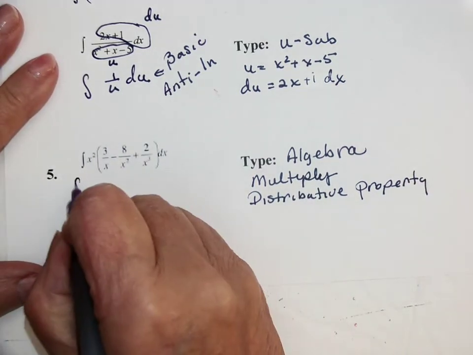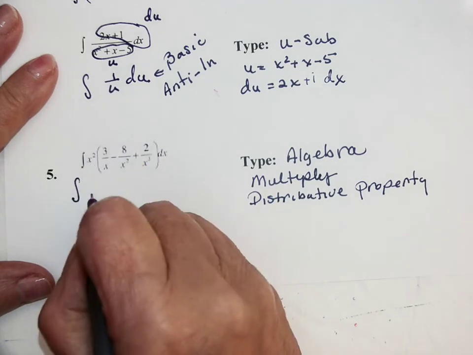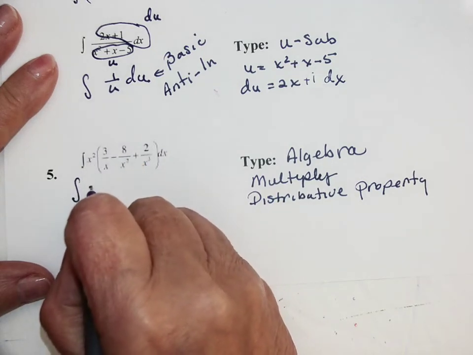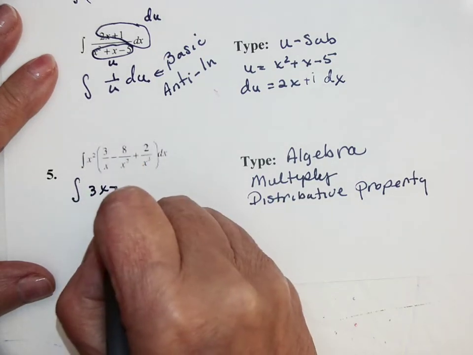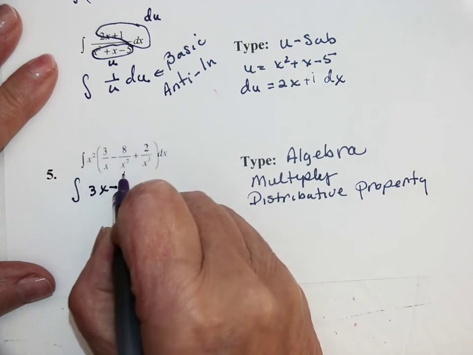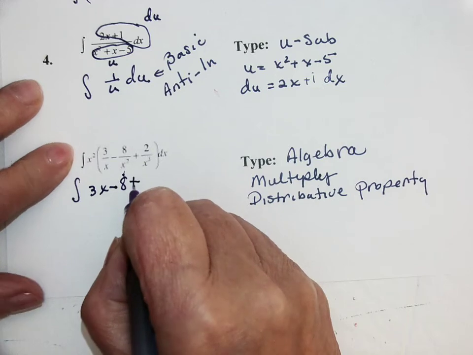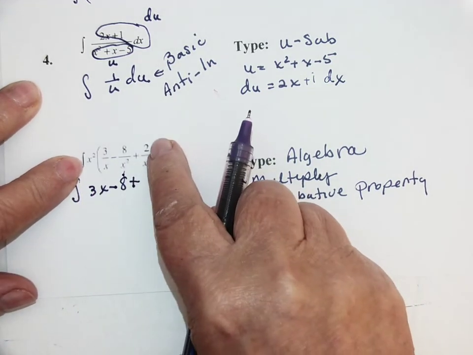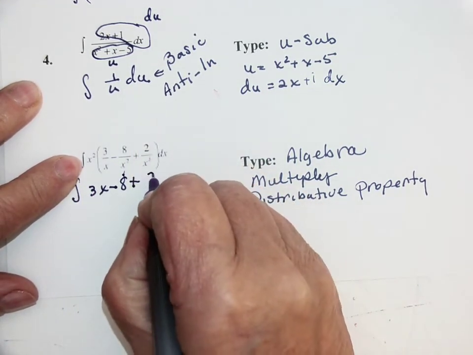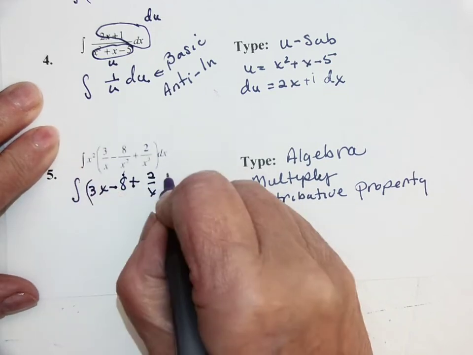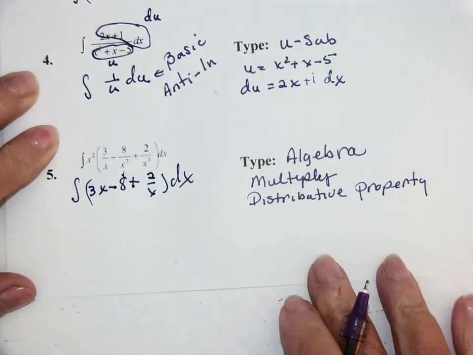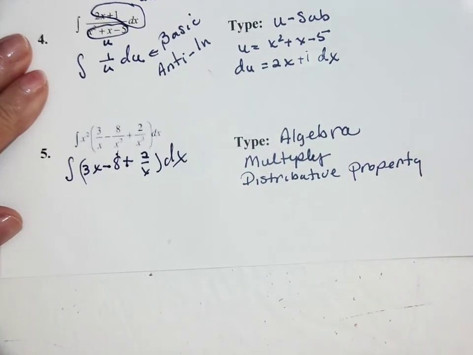So this becomes the integral of x squared times 3 over x, that's just 3x, minus x squared times 8 over x squared, well, that's just 8, plus x squared times 2 over x cubed, that's just 2 over x dx. Well, now what is it?